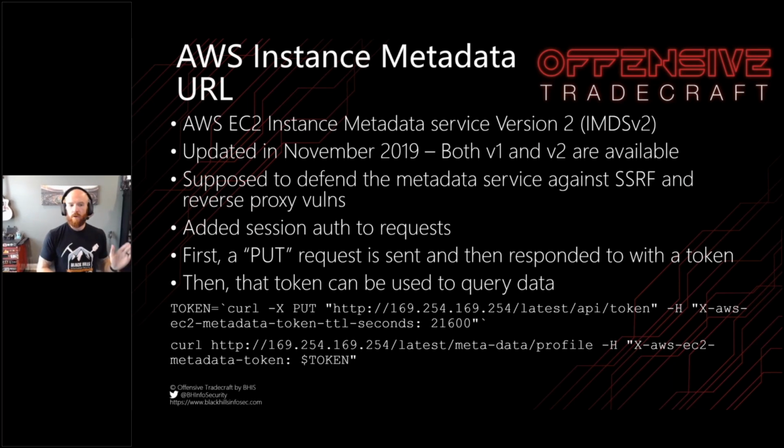Okay? So it added session authentication to the endpoint. And basically the way it works is you have to send a PUT request to the instance metadata URL first. And that's responded to with a token. And then that token can then be used to query the data.